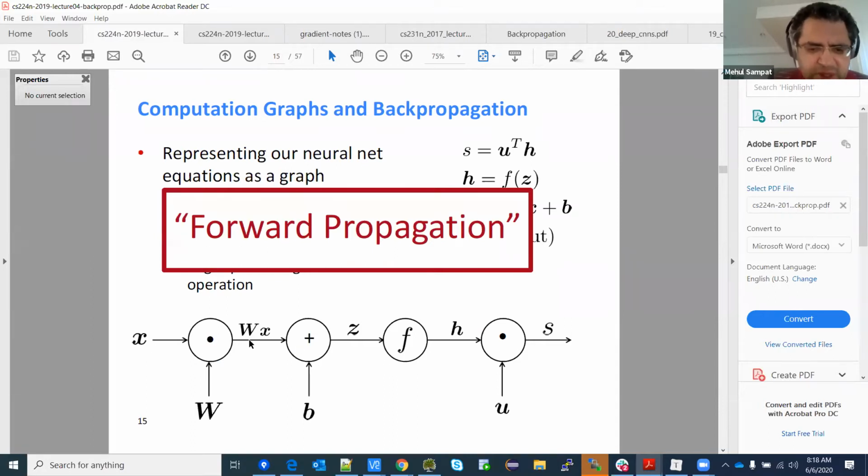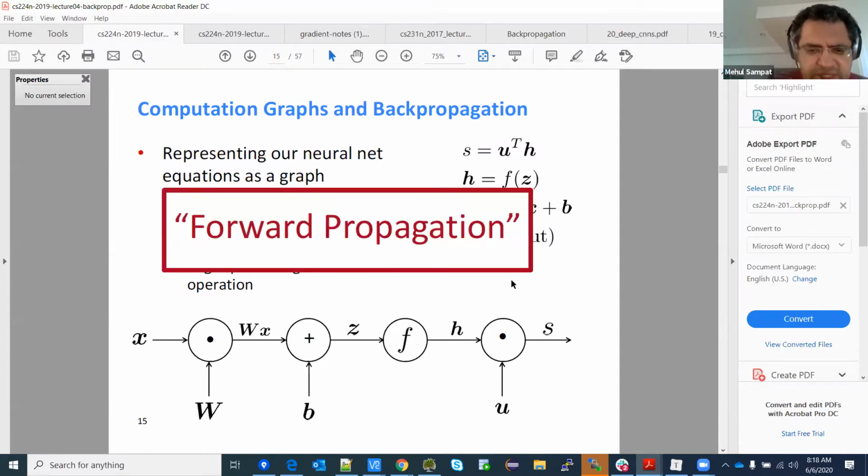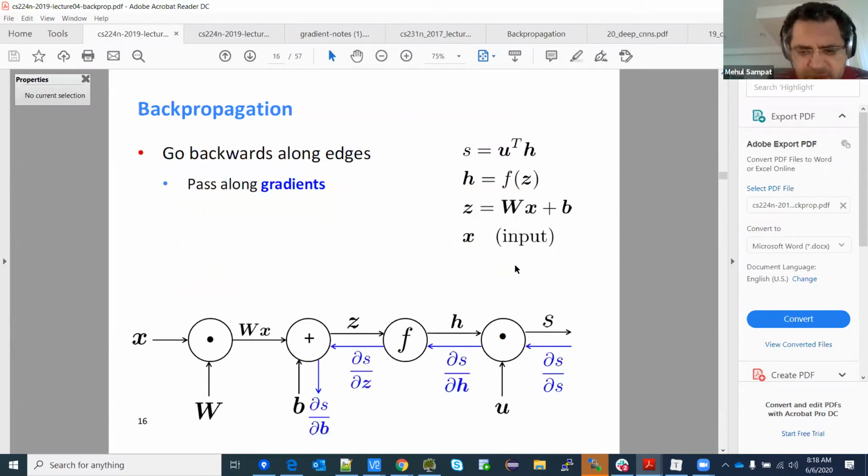You just go along: you have W and X, then W times X, then you compute Z, which is W times X plus B, and so on, and finally you get a single score. That's the forward propagation.